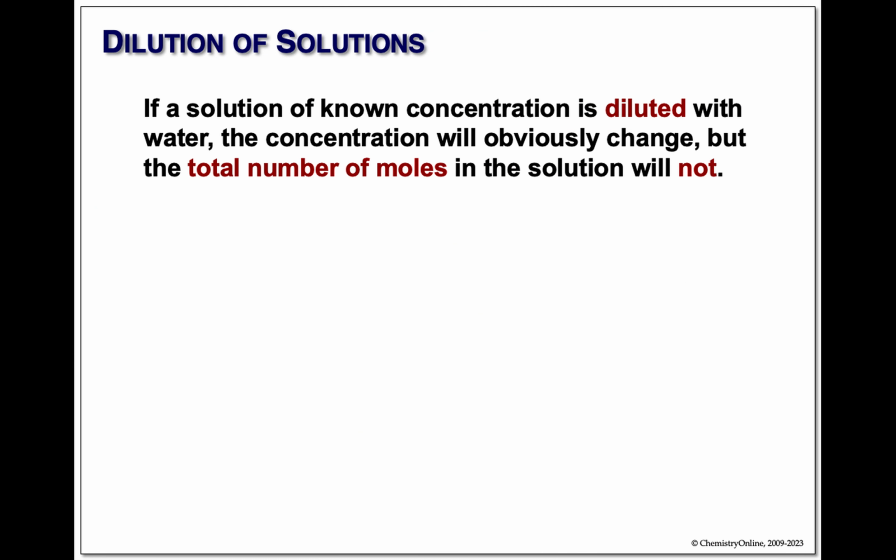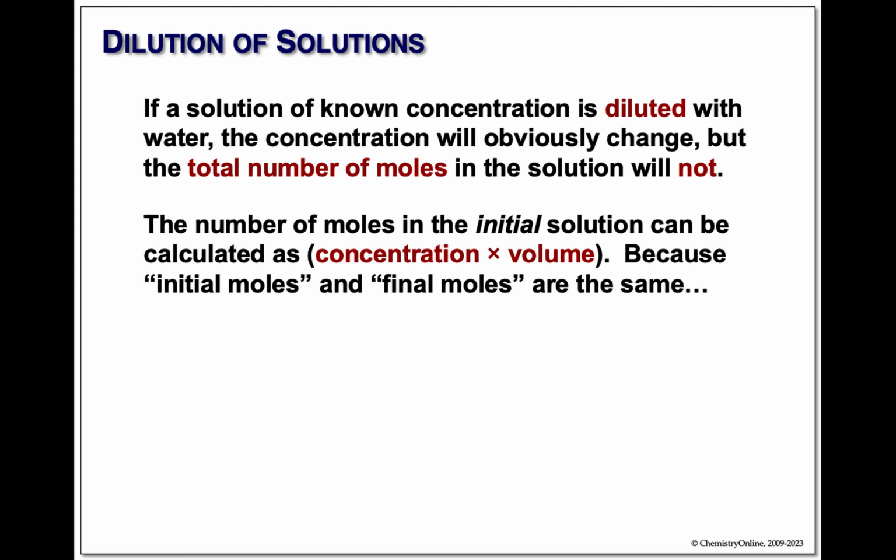The other type of dilution, we take a solution where we know its concentration and we add water. When we do that, we wind up with a new solution with a different concentration, right? The thing that's important to note here, though, is we start off with a solution.